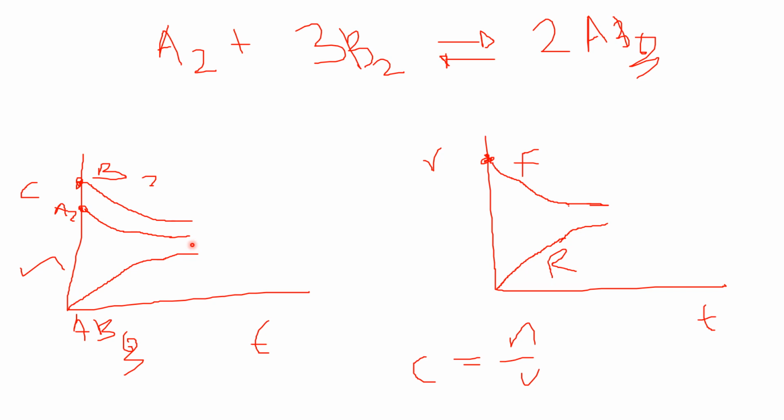Remember, we said when we disturb the reaction, Le Chatelier's principle says the reaction will act in a way that opposes the disturbance. We can only disturb the reaction by disturbing one of these three factors: temperature, concentration, and pressure.